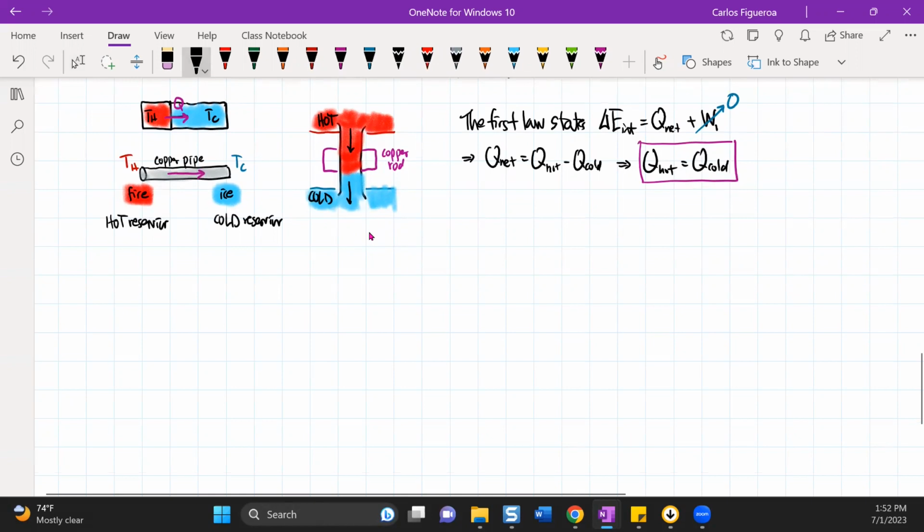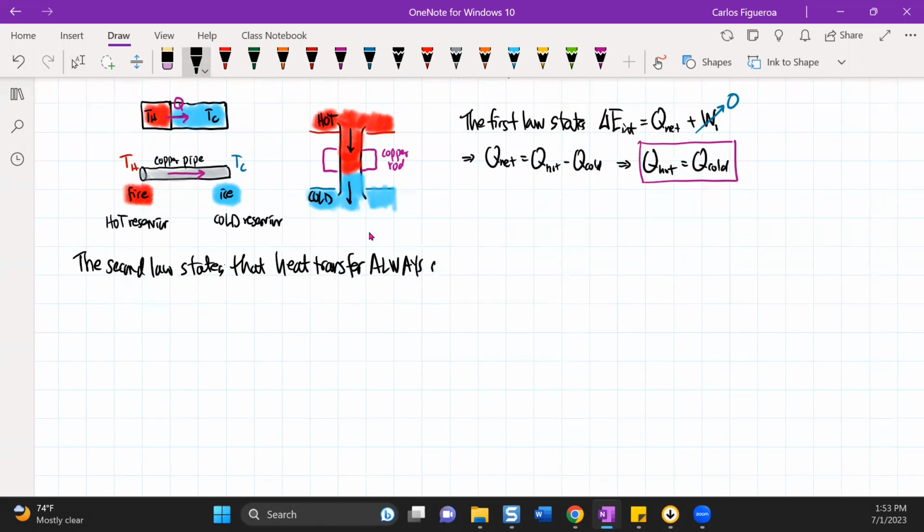Now, the second law states that heat transfer always occurs to the most probable outcome.